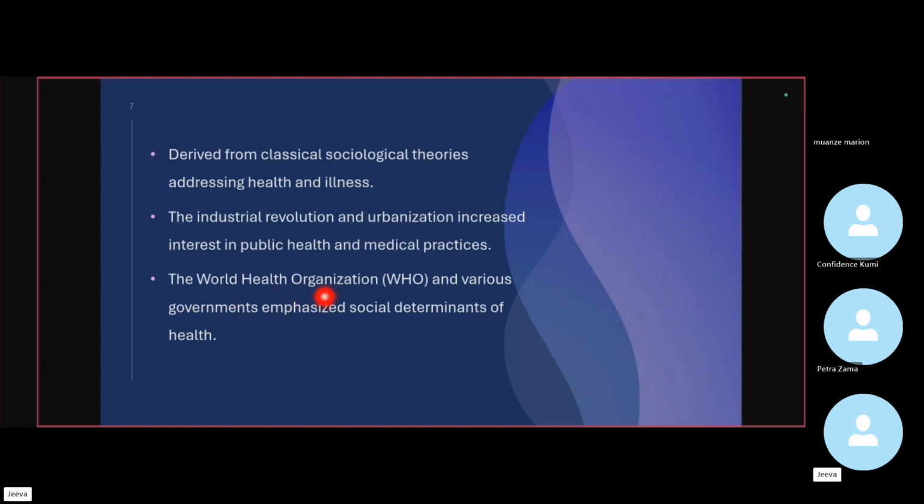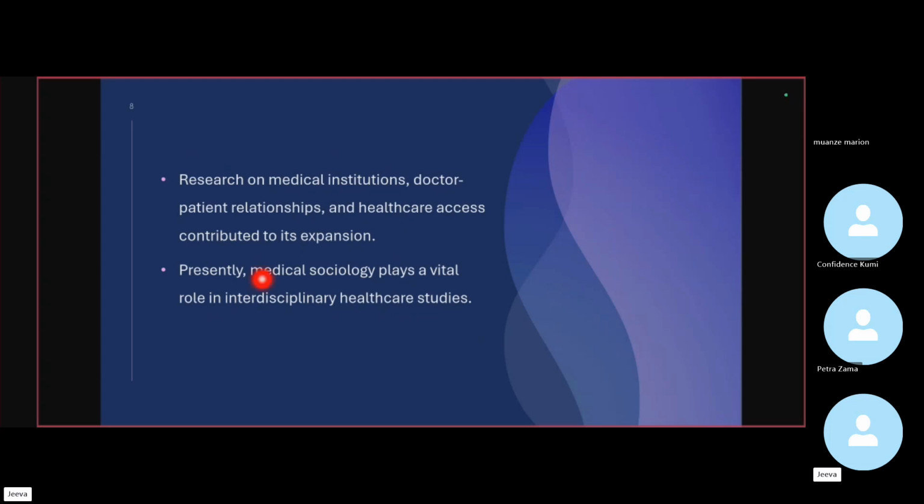Later, the WHO, the World Health Organization, and various other governments emphasized the social determinants of health, and many researches were done on this and on medical institutions. Later, the doctor-patient relationship and various healthcare accesses contributed to the expansion of medical sociology.